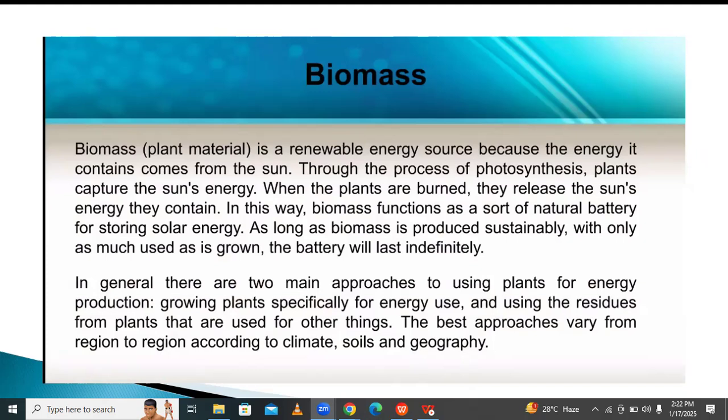Through the process of photosynthesis, plants capture the sun's energy. When the plants are burned, they release the sun's energy they contain. So biomass also comes under renewable sources.